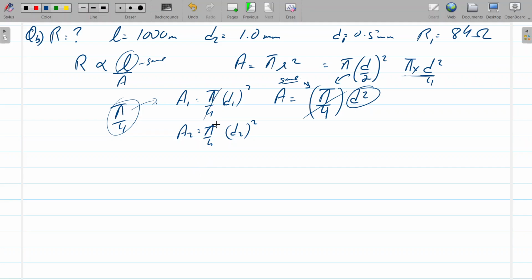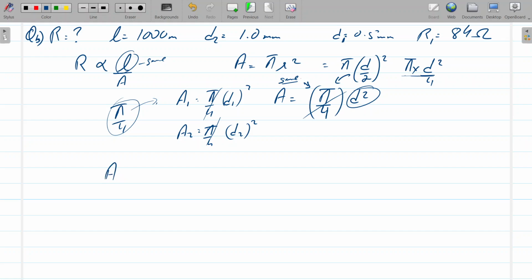So I can get rid of these. I'm like, okay, fine, you're not playing a role in this. What's actually affecting the area is the square of the diameter. And so we can write it this way again, doing a ratio.